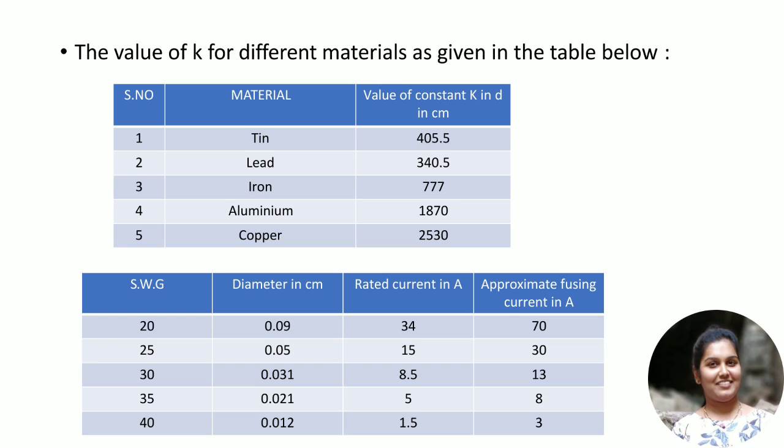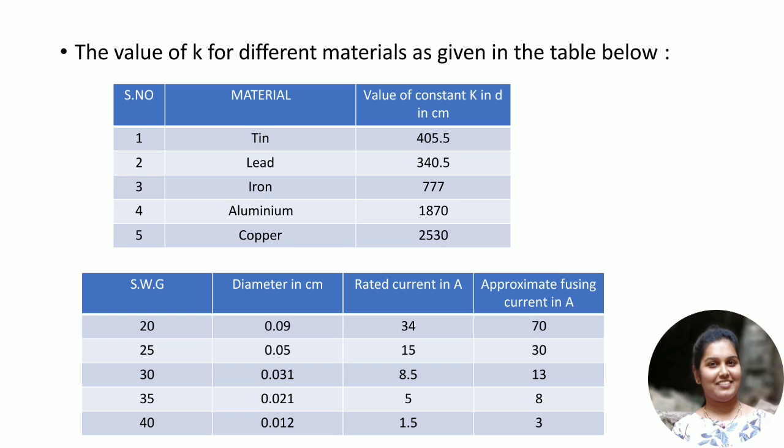So the value of K for every element is a constant value, and the value of I depends on it. The more the value of K, the more the fusing current, as I and K are directly related.